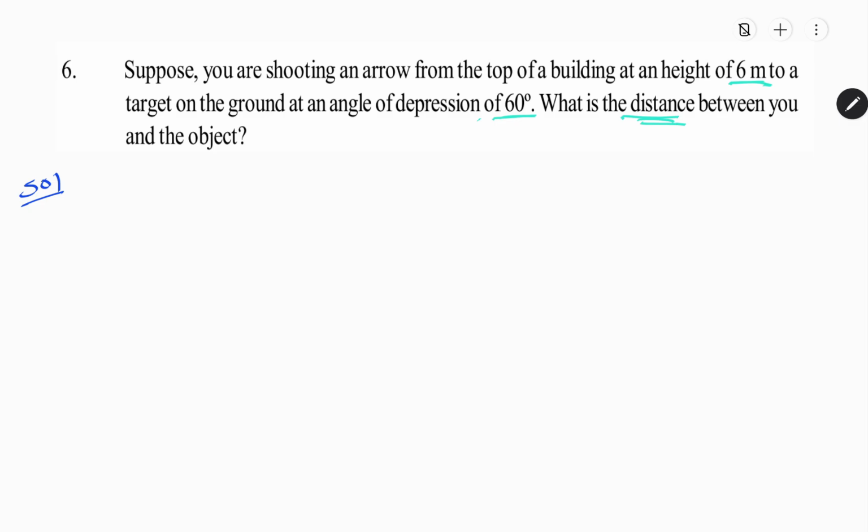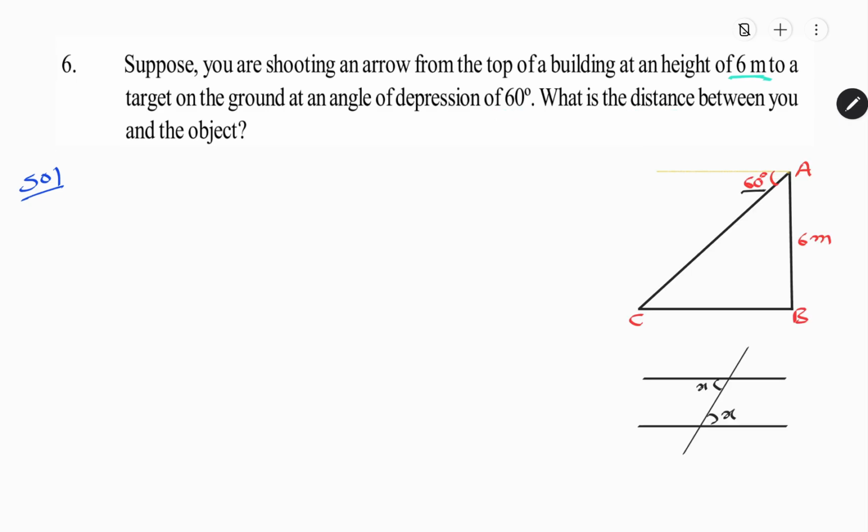Now draw the figure from the given question. Here the height of the building is 6 meters and the distance between me and the object we don't know, so we need to find the distance here. We assume AC is x meters and the angle of depression is 60 degrees.